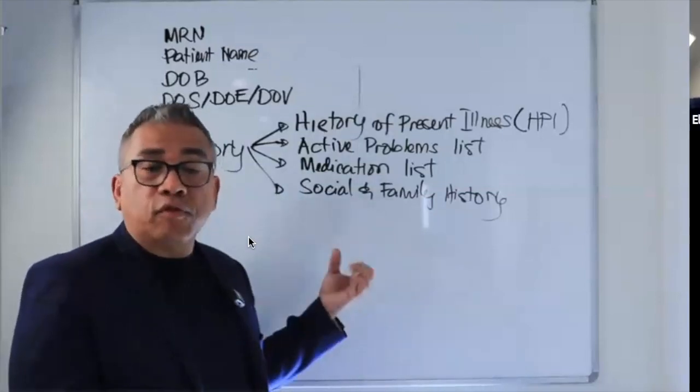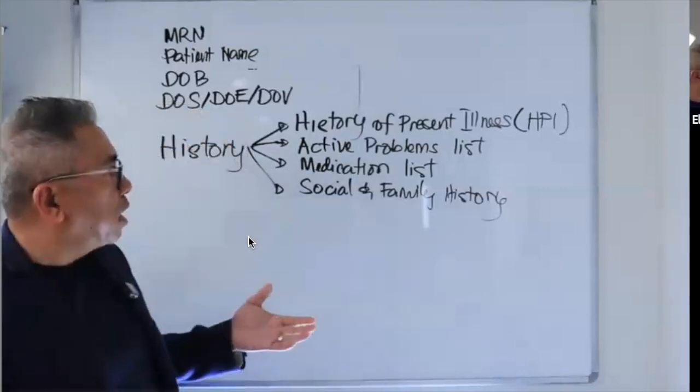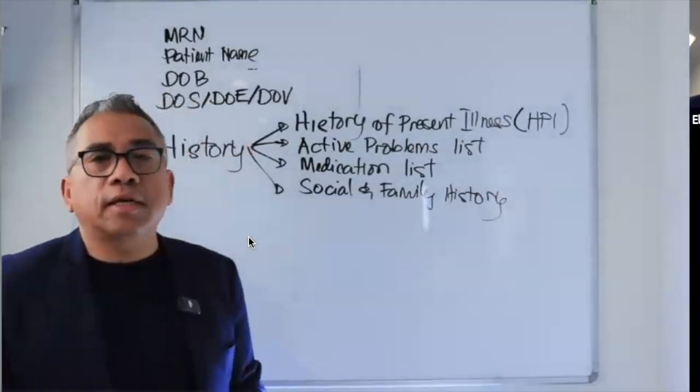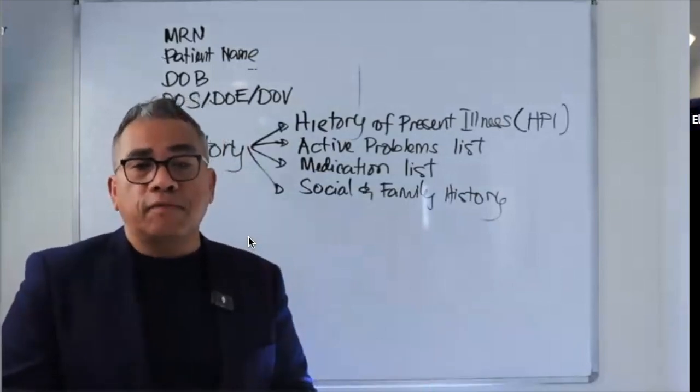There's a lot of information that can also be taken from this part of the patient's chart. Now, the family history is any health information about the patient's family.